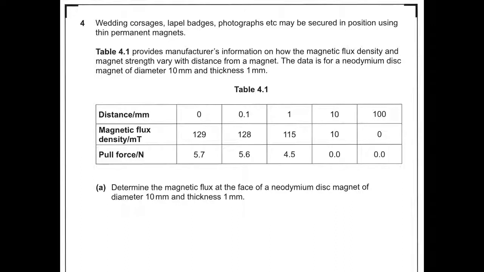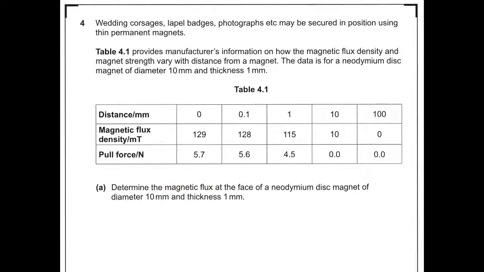It says determine the magnetic flux at the face of a neodymium magnet of diameter 10 millimeters and thickness 1 millimeter. So at the face will be at distance 0. What they're basically asking you to do is a calculation about magnetic fields coming out of this area at this value to get a phi value.